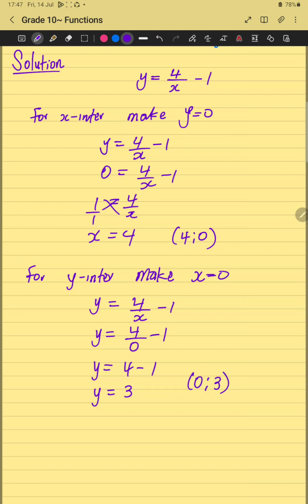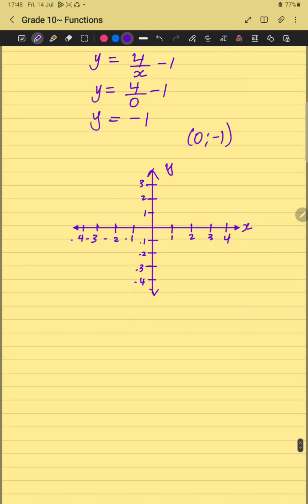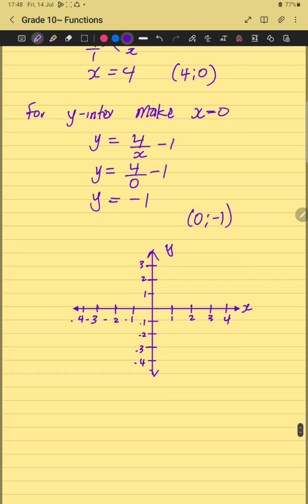Oh guys, sorry, now I see we've made a mistake here, because this is 4 divided by 0, so it will be 0, then we'll be left with 1, so that means it must be a minus 1. Okay, and then from here we can just draw the Cartesian plane.